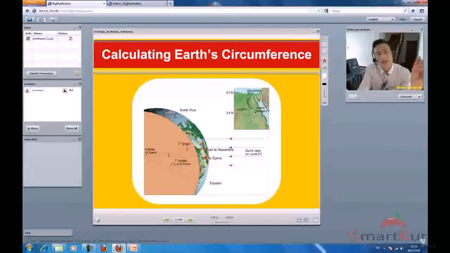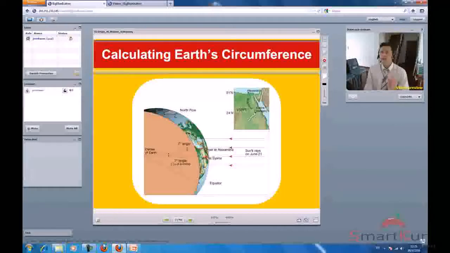So 7 degrees is about 1/50th of a circle. So Eratosthenes realized that the distance from the post at Alexandria to the well in Syene was 1/50th of the way around the Earth. And from that, he was able to calculate the circumference of the Earth.